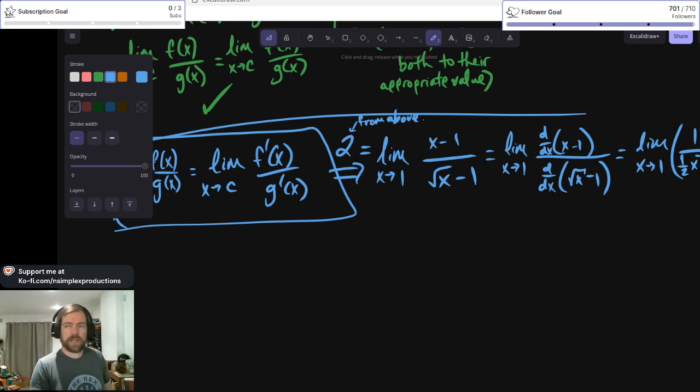And if we let x be equal to 1, then we find that the denominator is just going to become 1/2 times 1. Nope, don't need the limit anymore because we've already taken it. It's going to be 1 over 1/2, which is equal to 2. And so verified.